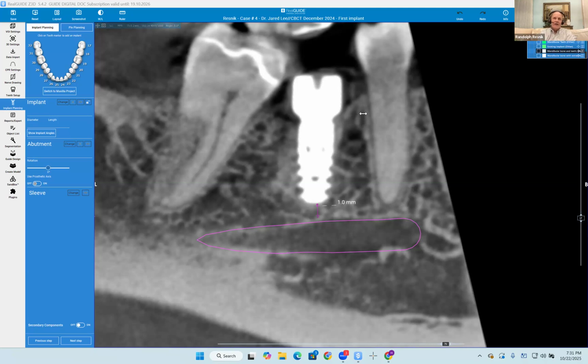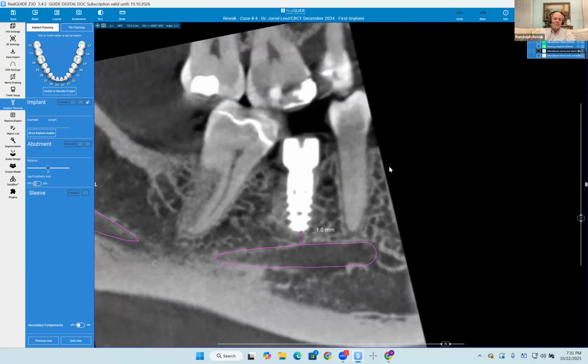Now, usually the superior aspect, what I believe probably happened, Doc, is that you drilled this, you probably got into the top part of the intraalveolar canal, and the intraalveolar artery and veins are on top. The nerve fascicles are below.